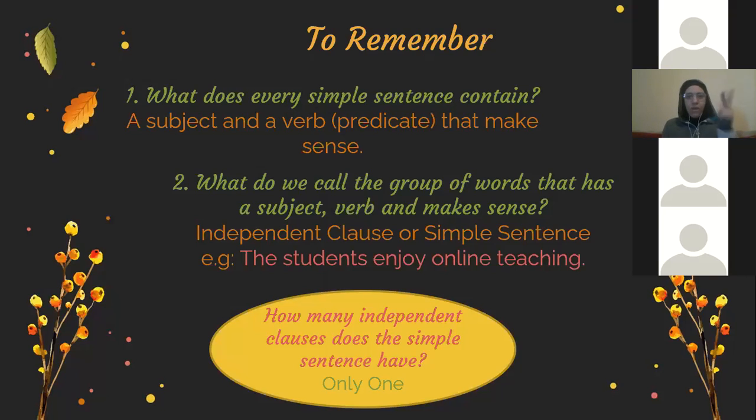Subject, predicate, and complete idea, as we always say. Thank you, Mahdi. When I have a subject and a predicate or a verb and a complete idea, here we mean that it makes sense. So we call it a complete sentence.